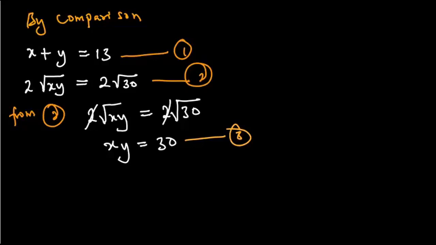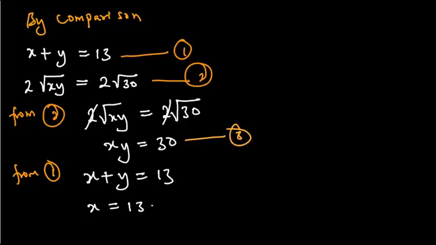So from equation 1, we have that x plus y is equal to 13. Let's make x the subject of the formula. Now I'll have x equal to 13 minus y, and this should form my equation 4.